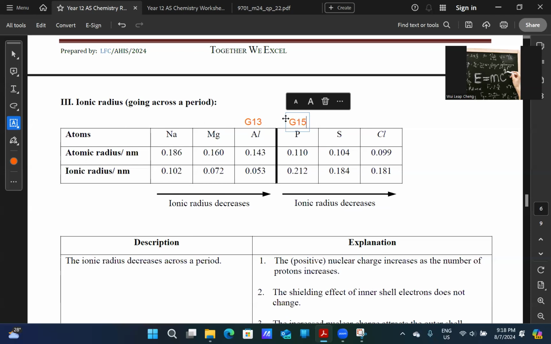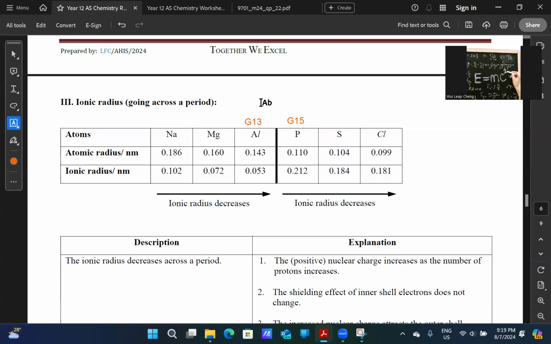Why is there no group 14 here? Because the elements from group 14 are normally used to form giant covalent structures instead of forming ionic compounds. I repeat again, elements from group 14 are rare to lose or gain electrons. They prefer to share electrons to form covalent compounds, such as what?